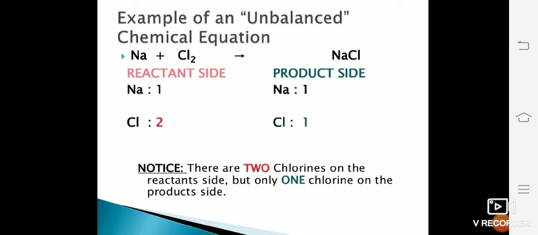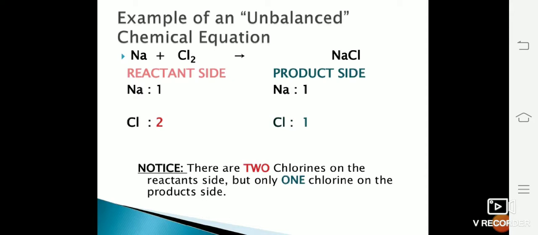Now, let's see an example of an unbalanced chemical equation. Why am I calling it an unbalanced chemical equation? Because if you see the number of atoms of chlorine on the reactant side, it is 2, whereas on the product side, it is 1. While we are trying to balance the equation by the hit and trial method, the simplest and first step we follow is to write the names of the elements on the reactant side as well as on the product side.